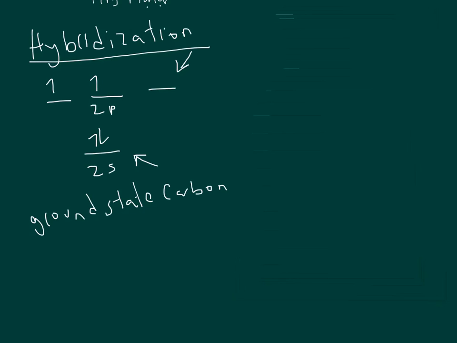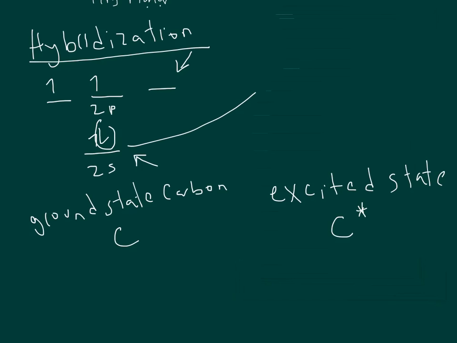How that would happen is by promoting the electron. Promoting the electron means adding any source of energy that would actually bump that electron from the ground state carbon, forming an excited state carbon, which would be C asterisk right here. So this electron will be promoted.